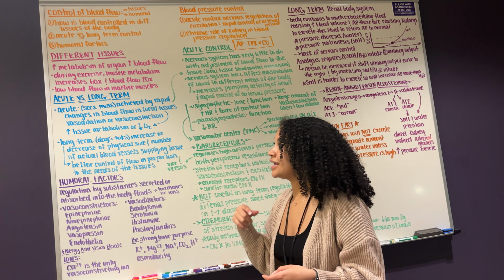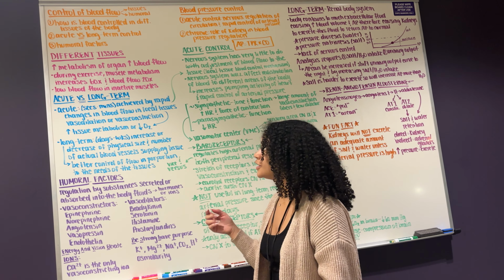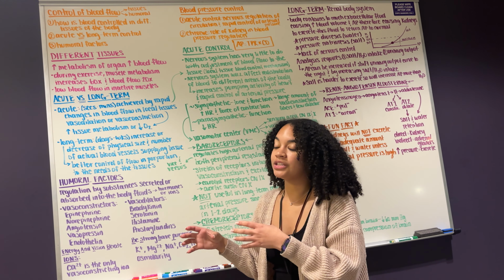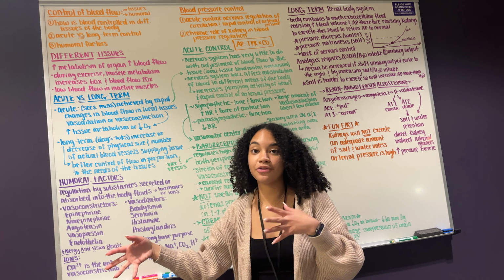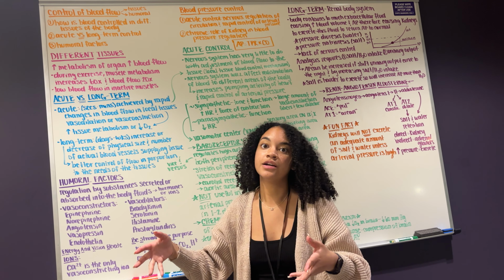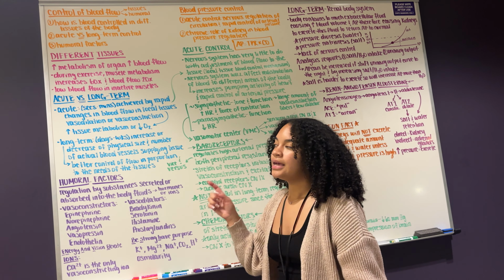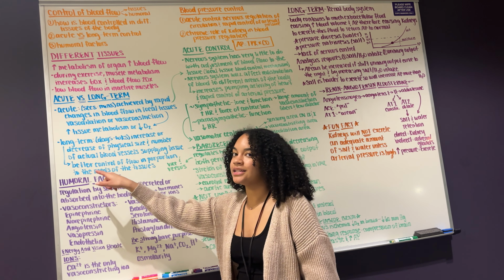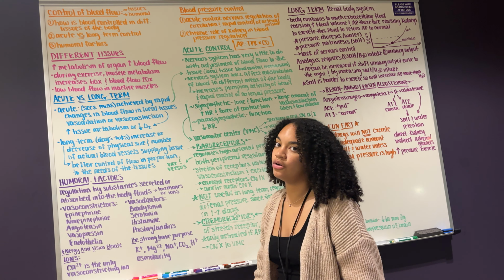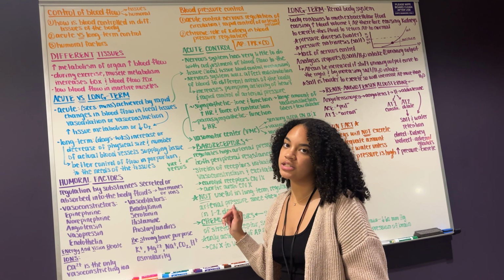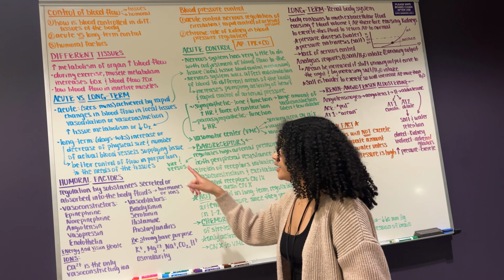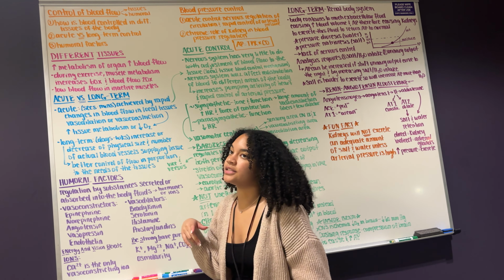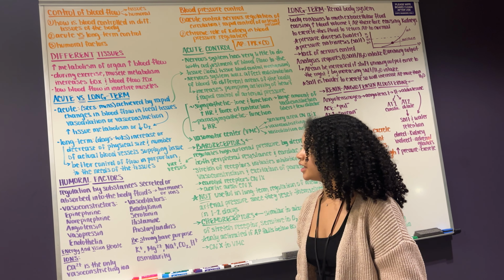So that's why it's going to take a lot longer, because we're not only changing the physical size, but also increasing or decreasing the number of blood vessels that supply that tissue. However, it does take a longer time, but it has better control of flow in proportion to the needs of that tissue.